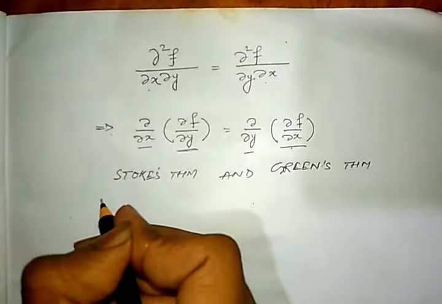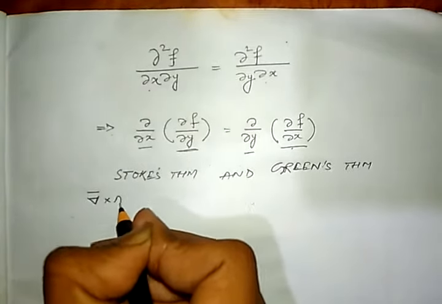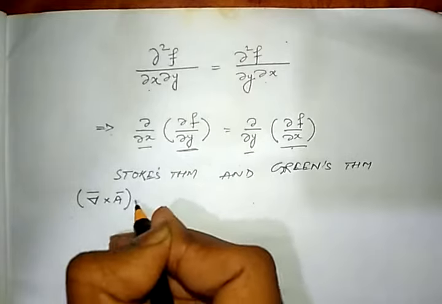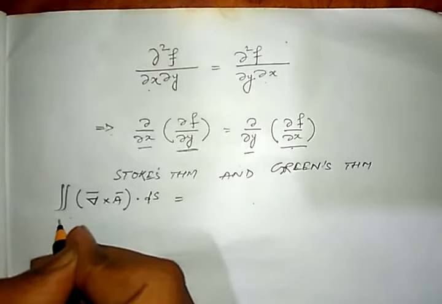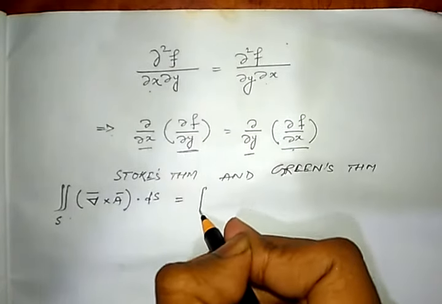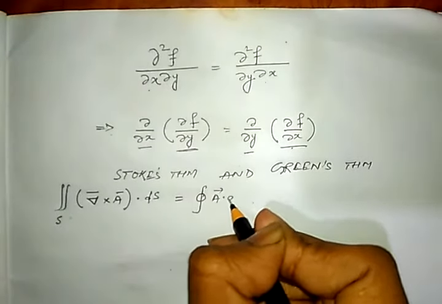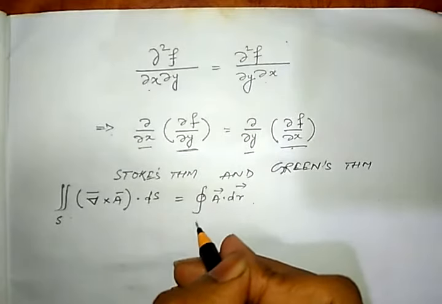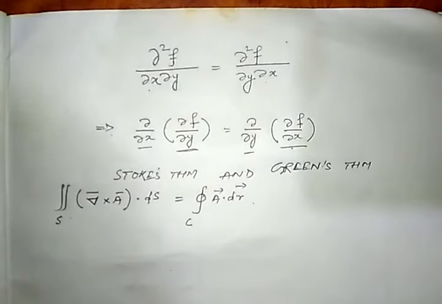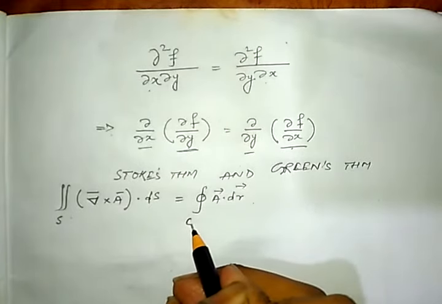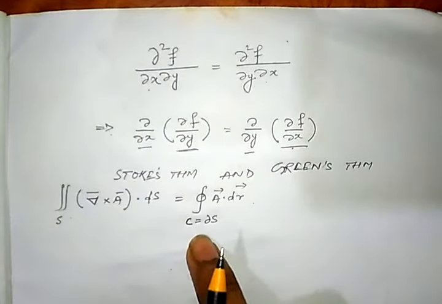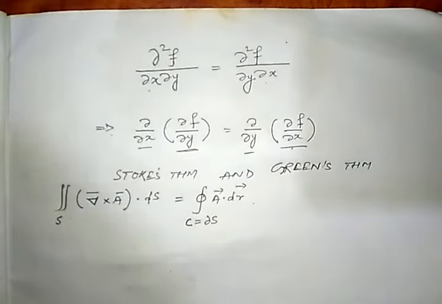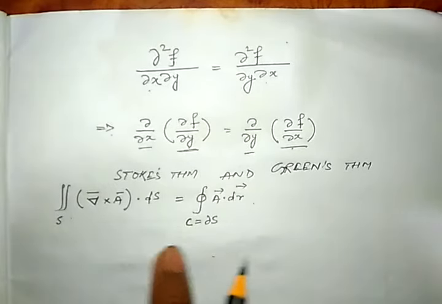And the statement of Stokes theorem reads: the curl of a vector surface integral through a surface S is equal to the closed loop integral or closed line integral of the same vector through a contour C. Now this contour C is the edge of the surface S, and we denote it by C is equal to ∂S.